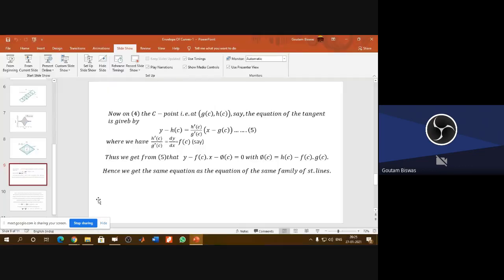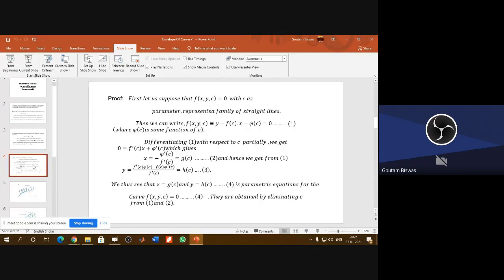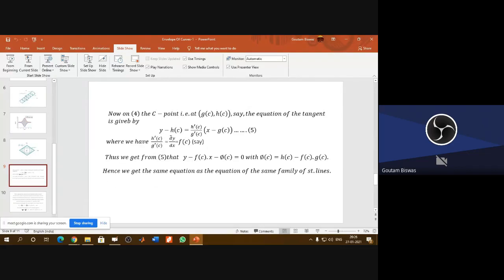So dy/dx is h dash c by g dash c. Thus we get from 5 that y minus f(c) into x minus g(c) equals 0 with phi(c).